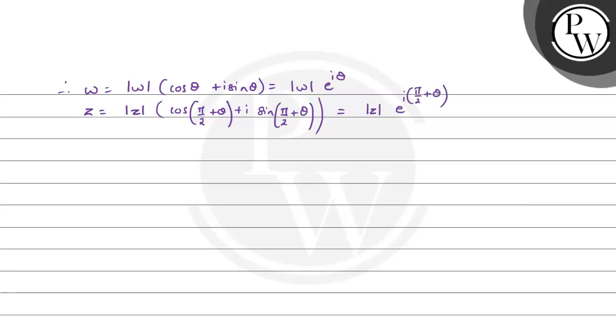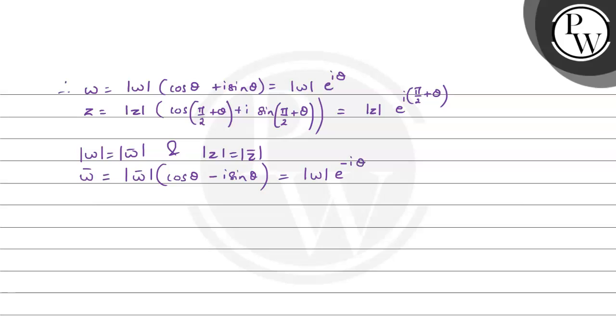Now let's get the values for w conjugate and z conjugate. Firstly, understand that modulus of w is equal to modulus of w conjugate and modulus of z is equal to modulus of z conjugate. Further we have w conjugate equal to modulus of w conjugate times cos theta minus I times sin theta, which can be written as modulus of w times e raised to minus I times theta.